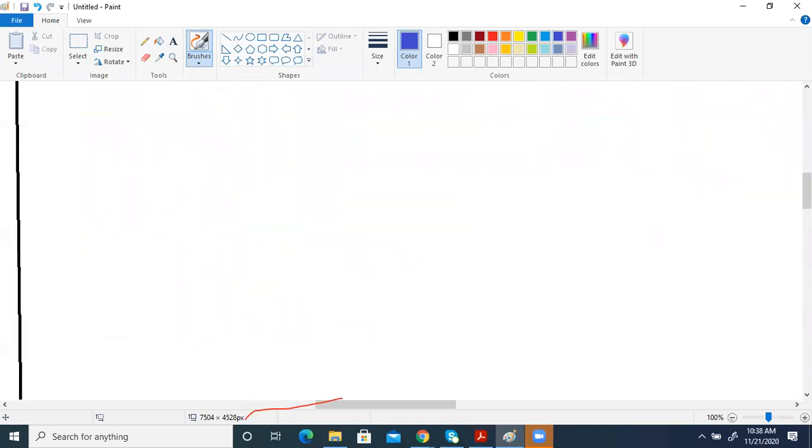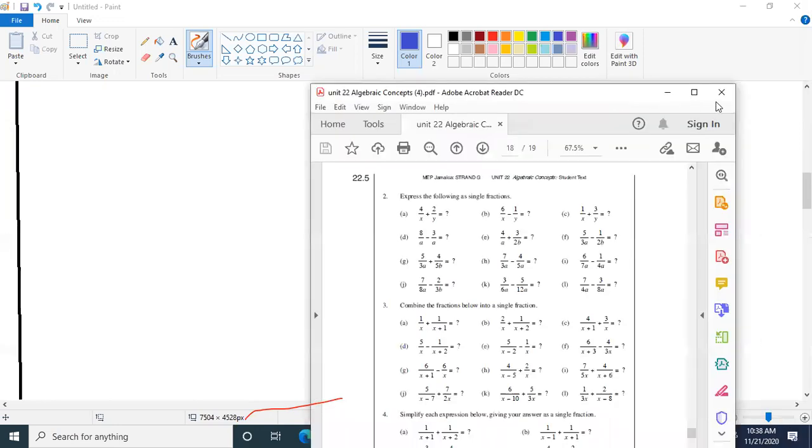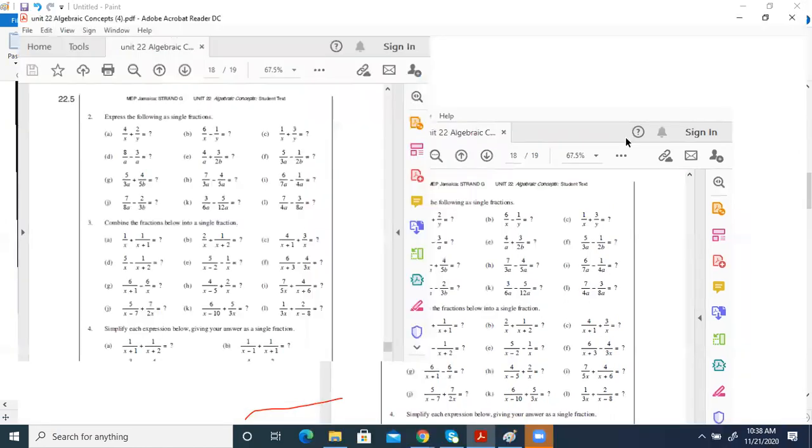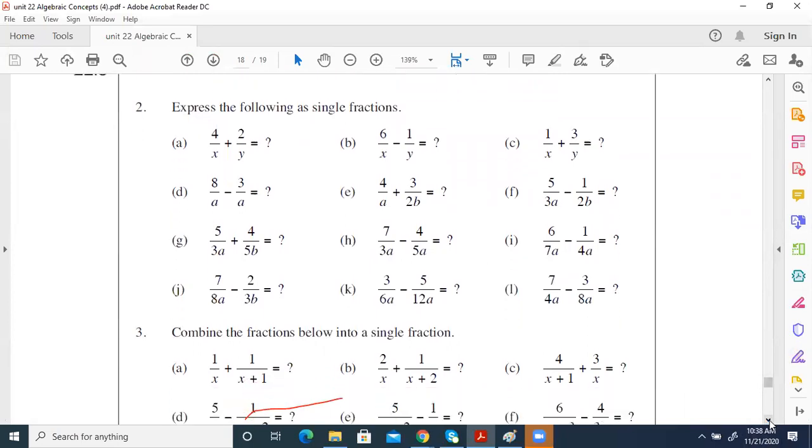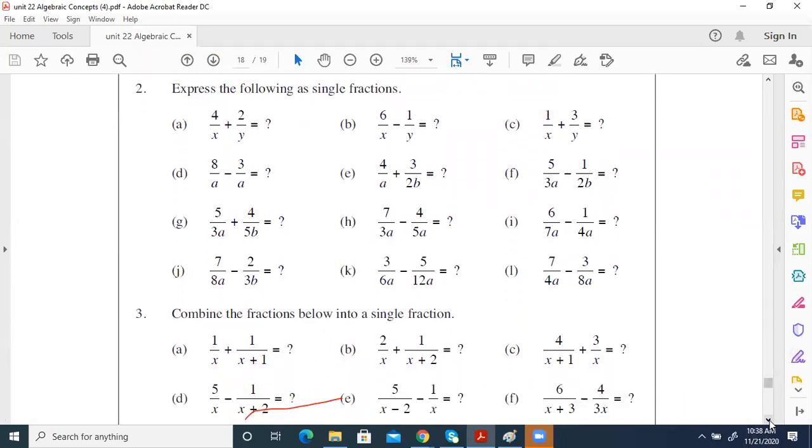Me jumping to this is probably taking a leap of faith, because some would say, sir, you have to do more preparation before you come to this. But I'm going to see if you guys can manage. So look at these questions, same type of fraction, but you have variables now in the denominator.